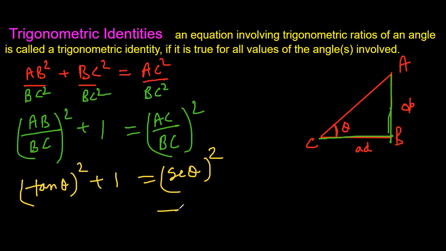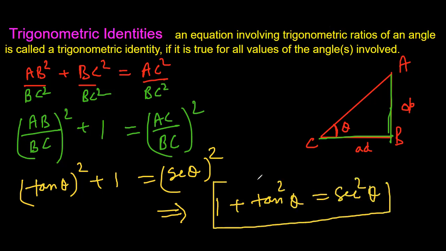Now simply we'll remove the brackets. This is 1 plus tan square theta, or tan square theta plus 1. 1 plus tan square theta is equal to sec square theta.